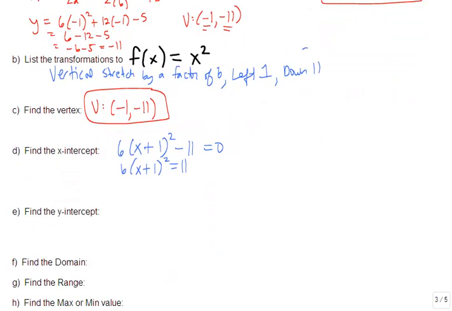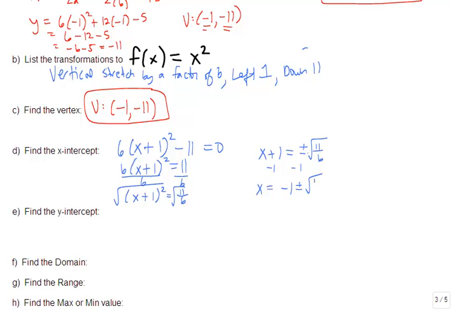And then I'm going to divide by 6. I want to isolate that quantity squared as much as I possibly can before I take my square root of both sides. So I'm going to get x plus 1 equals, don't forget your plus or minus symbol, square root of 11/6. And then I would want to subtract 1. And I like to put that minus 1 in front of my plus or minus symbol.